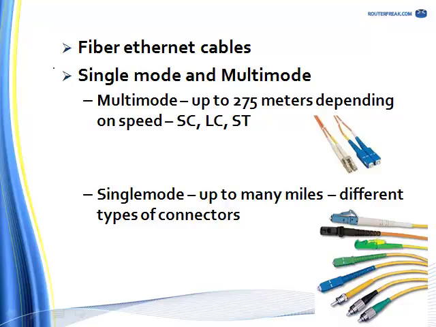I guess you can think of it as with copper, we were dealing with electrons flowing down a conductive piece of metal, which is the copper, versus now we have photons that are bouncing around down a piece of glass, that are reflected down the piece of glass. So there's two different types of fiber optic cable that you'll find. There's single mode fiber and multi-mode fiber.